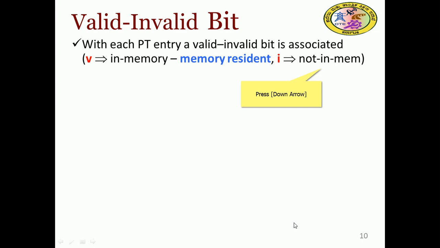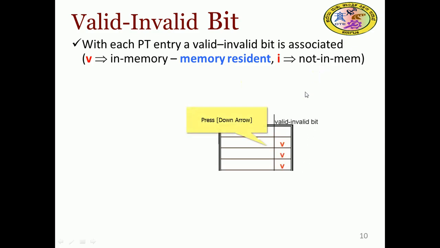With the page table entry, a valid-invalid bit is there. V is valid, which means it is available in memory resident. I is invalid, so it is not currently available in memory.